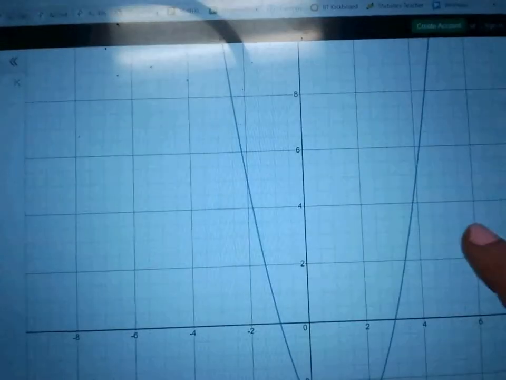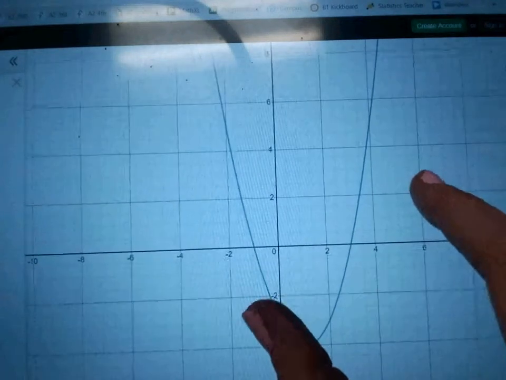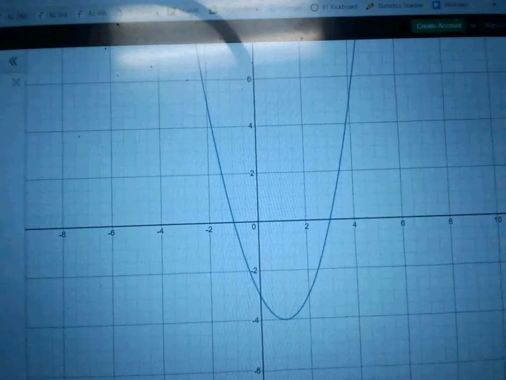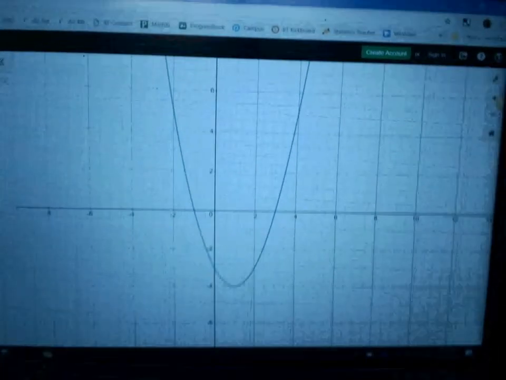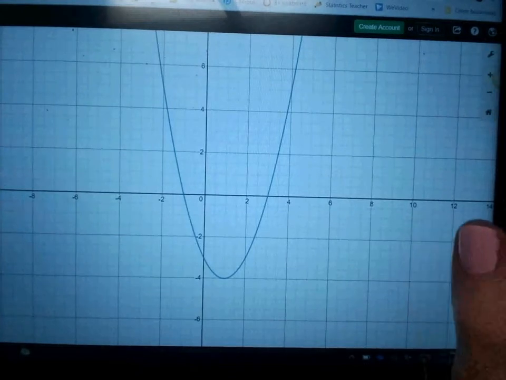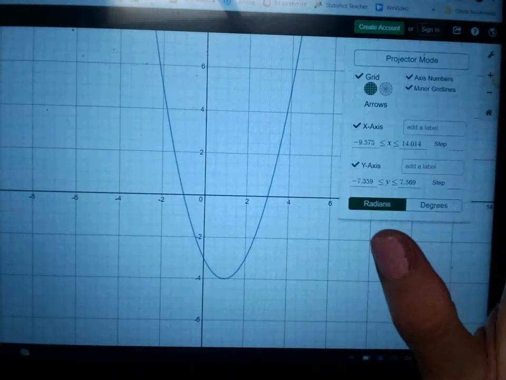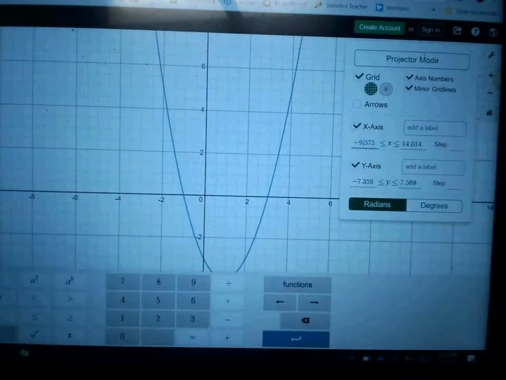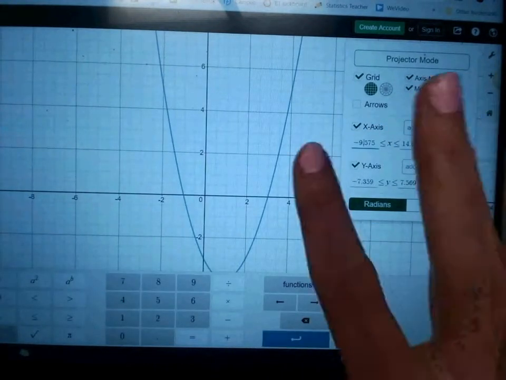So you can see my graph. I kind of took for granted I have a touch screen, so it's nice I can just adjust it using my fingers, but you could also adjust using the tool menu over here. You tap the tool menu and it gives you the option of the domain, the x values.